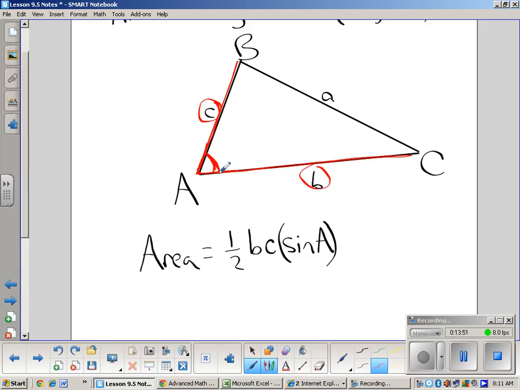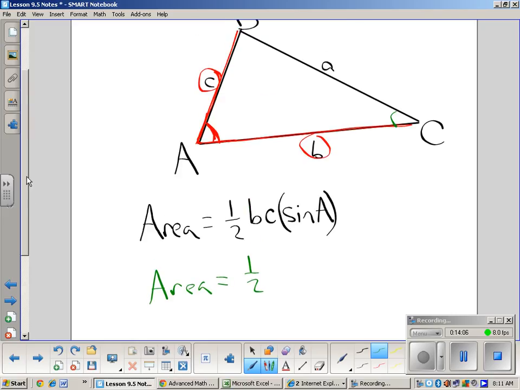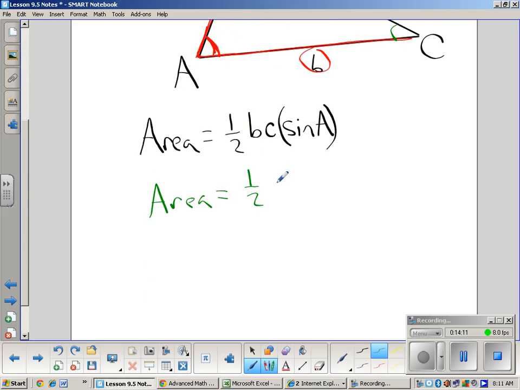Okay? So the reality is, if I want to rewrite this formula because I didn't know A, but instead I knew C, then I would say area equals 1/2. What two sides are touching C? A and B. So I would say AB sine C. Okay?